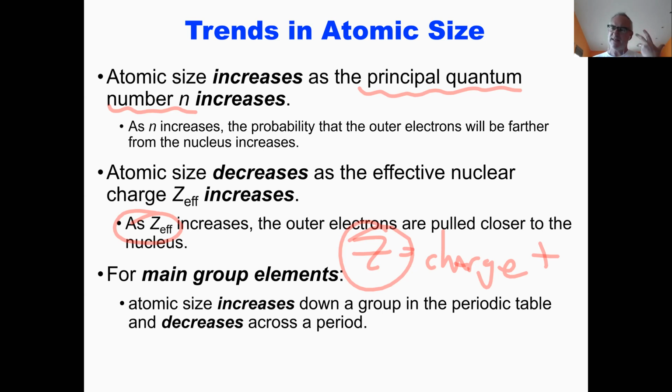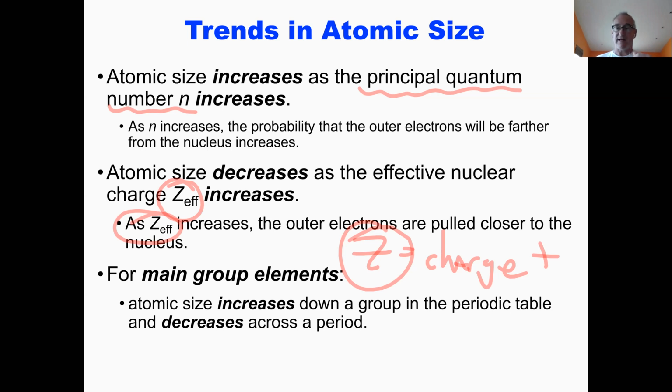What may not seem apparent at first is that, yes, we're increasing the value of Z. We're increasing the positive charge of the nucleus as we go across. We're also increasing its effectiveness in pulling those electrons closer to the nucleus. And why is that?